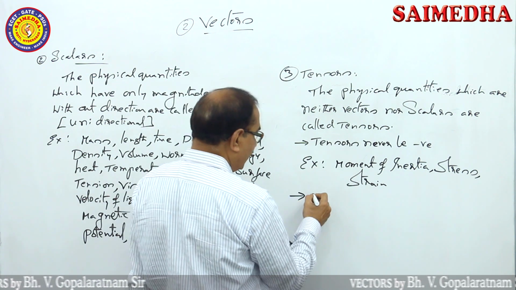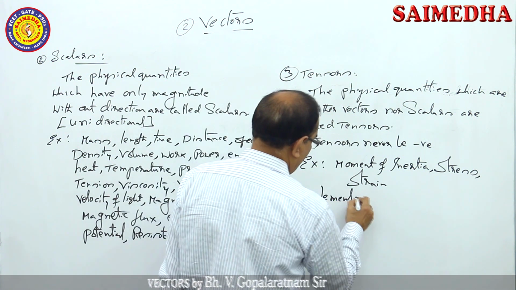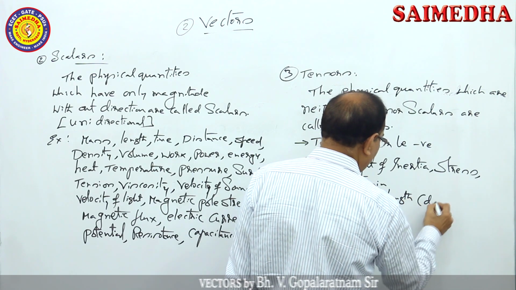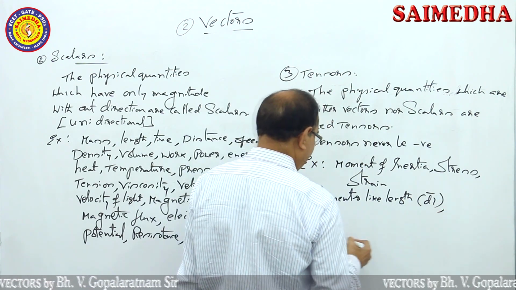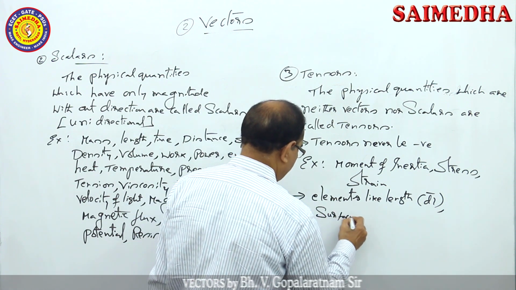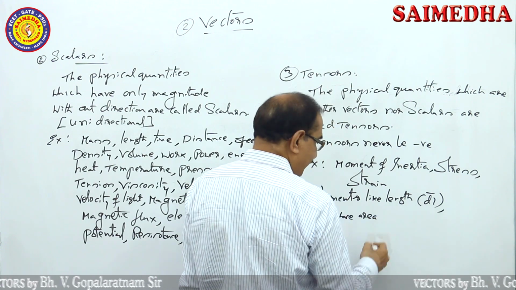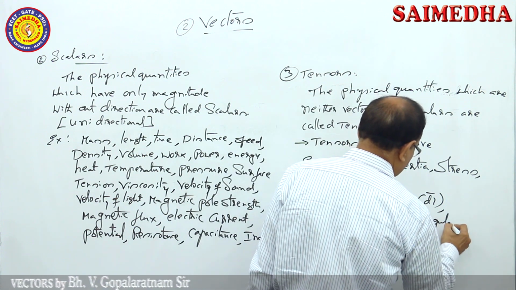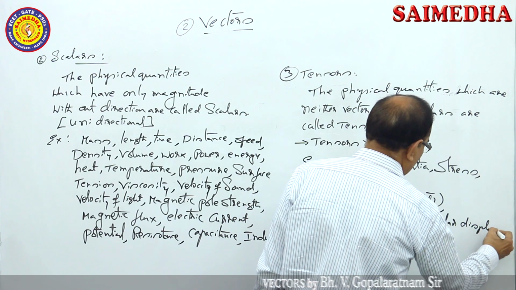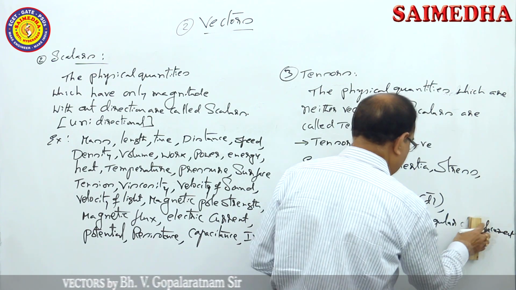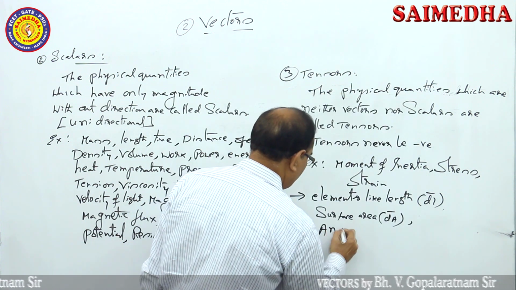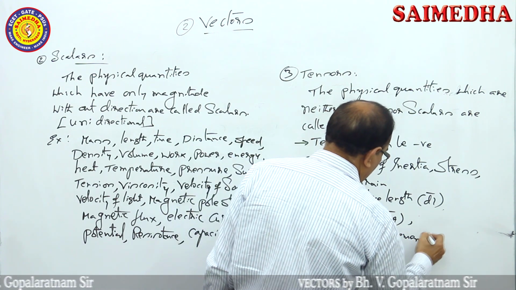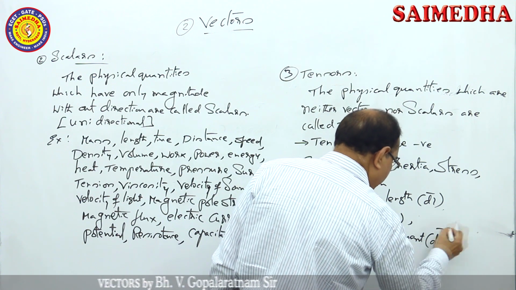That means one-bit elements like length dl, a small element, small length, and surface area, small area dA, and angular displacement d theta are vectors.